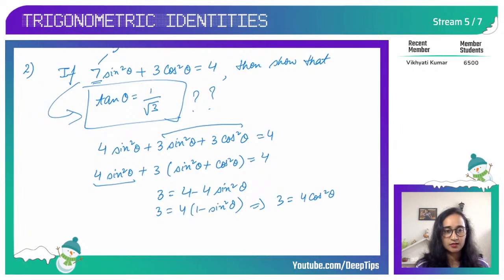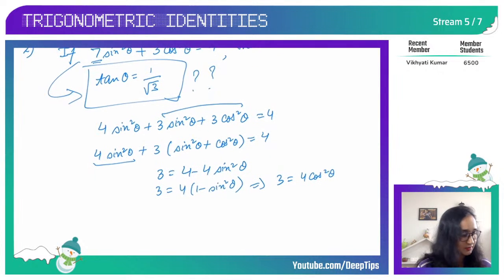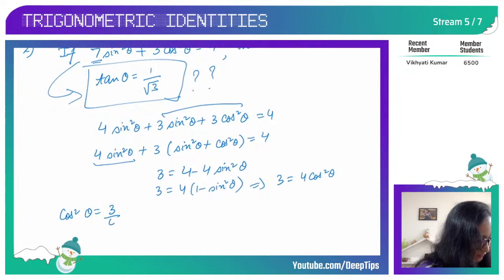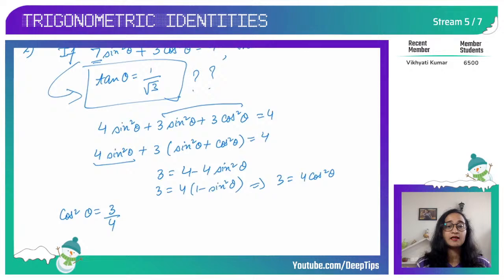But I am still not done, because cos square theta does not serve the purpose of getting tan theta. Now I have to do more brainstorming: how do I get tan theta when I have cos square theta? So think of some more trigonometric ratios. Cos square theta equals 3 by 4, but I am nowhere getting tan theta from it.